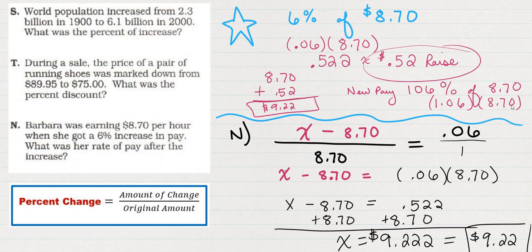If you multiply those, you get the 9.222 and round it to $9.22. So there are a few different approaches for finding Barbara's new rate of pay.